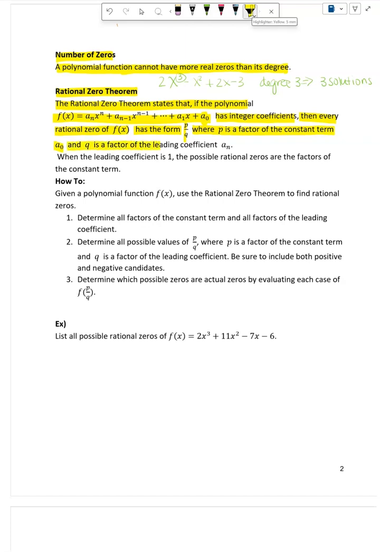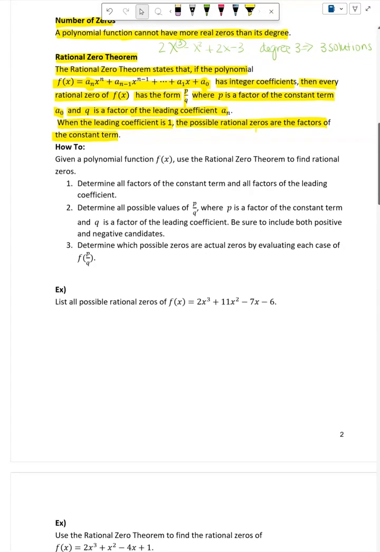And q is a factor of the leading coefficient, a n, and he's up here. When the leading coefficient is 1, the possible rational zeros are the factors of the constant term. So if the coefficient in front is just 1, then the possible rational zeros are just the possible factors of the constant. Okay.